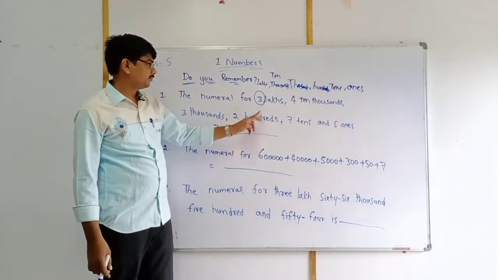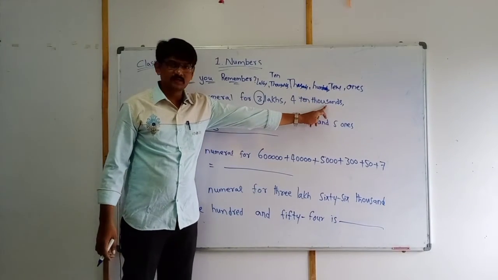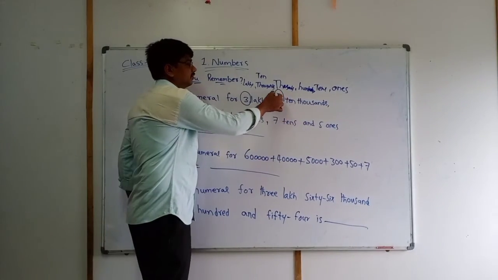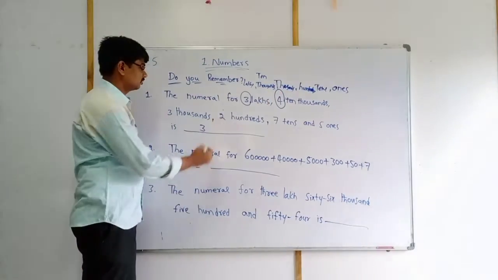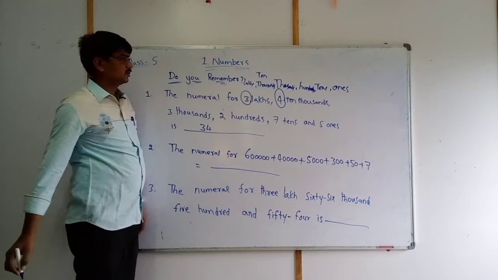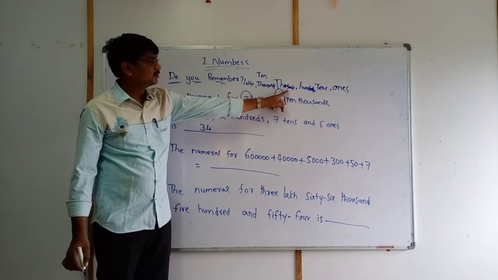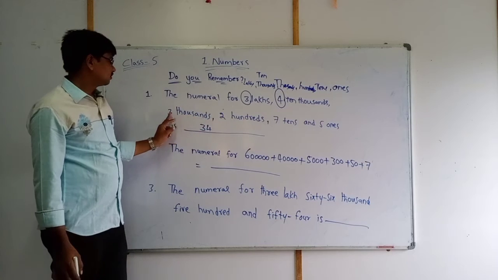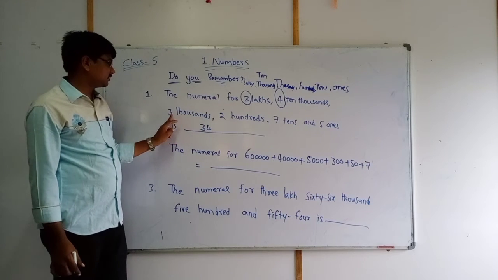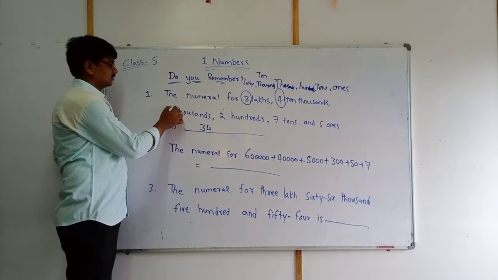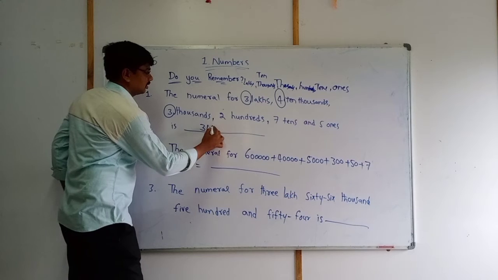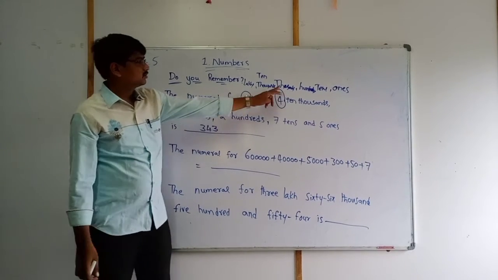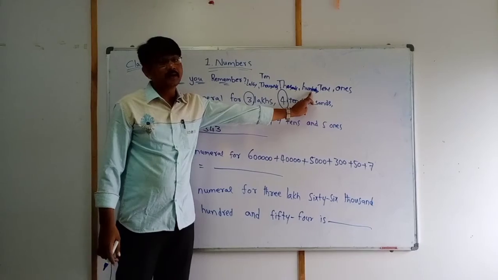Come to the problem. 10,000s place. How many 10,000s are here? 4. So 4. Next, after 10,000s comes thousands. At the thousands place, what is the number here? 3. So write 3 here. Next, after thousands comes the hundreds place.